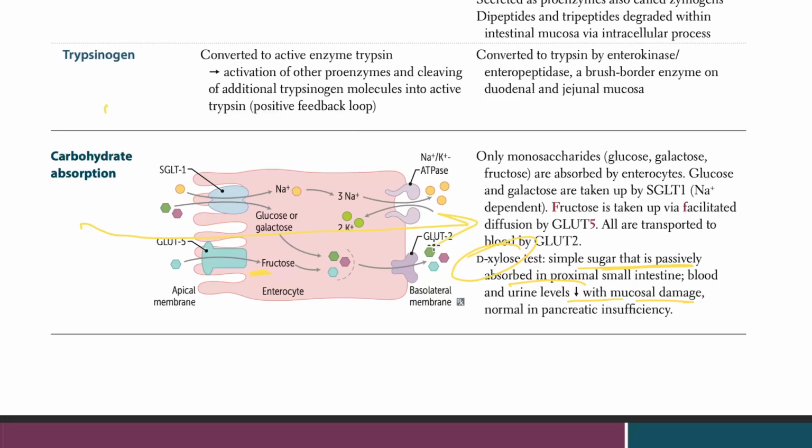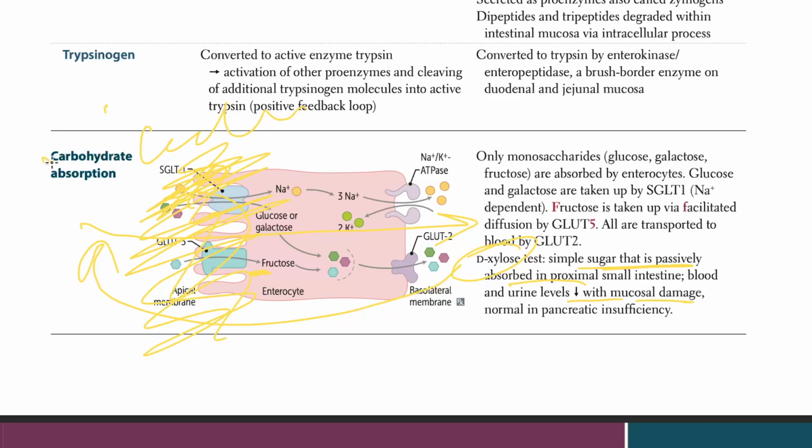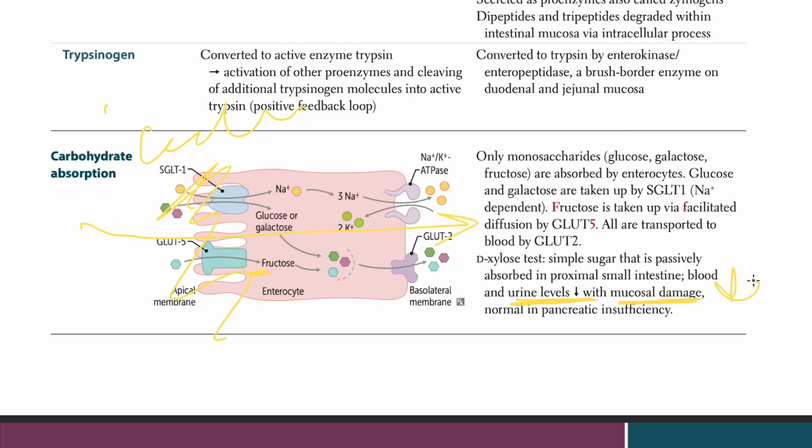But if you have mucosal damage, for example in celiac disease, you cannot absorb that xylose. So when you cannot absorb the xylose, you will have decreased levels. So in your celiac disease, you would have decreased levels.